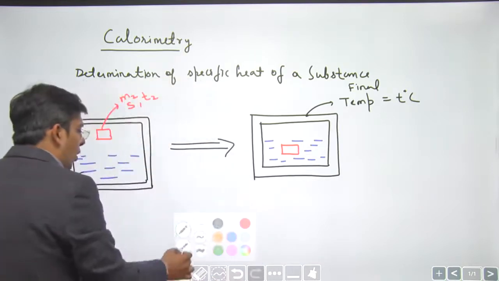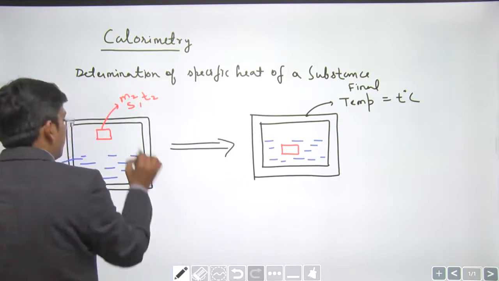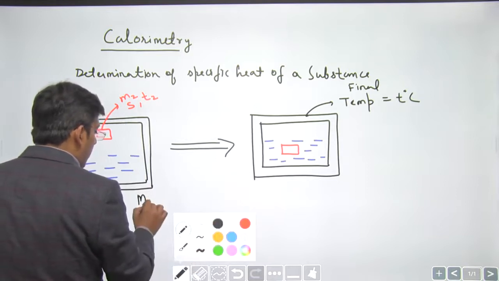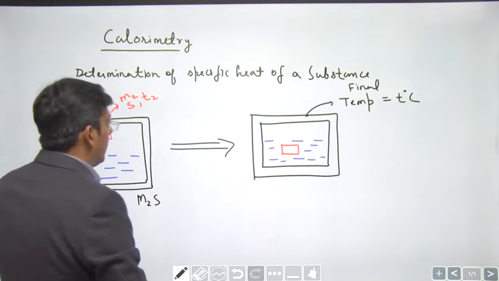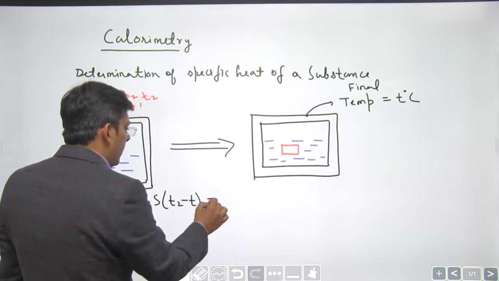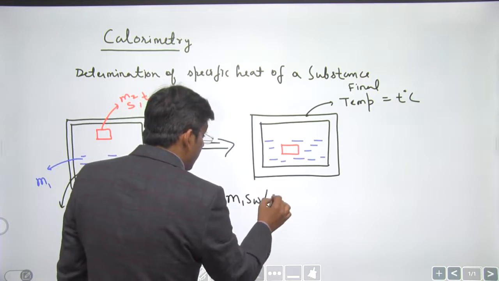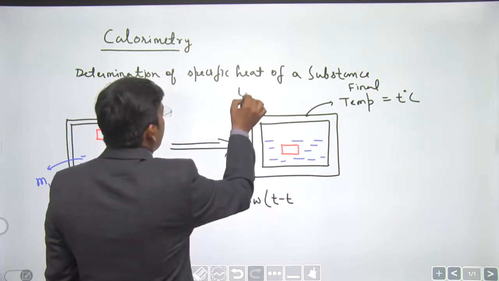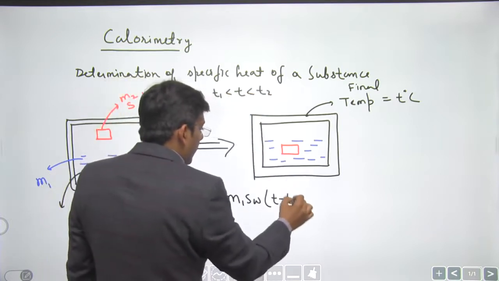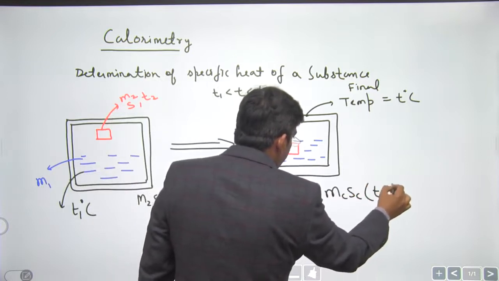Heat lost by the substance is m2 into S into T2 minus T. Heat gained by water is mass of water, specific heat of water, into T minus T1. Keep in mind that T is greater than T1 but less than T2. Plus the mass of calorimeter into specific heat of calorimeter into change in temperature.